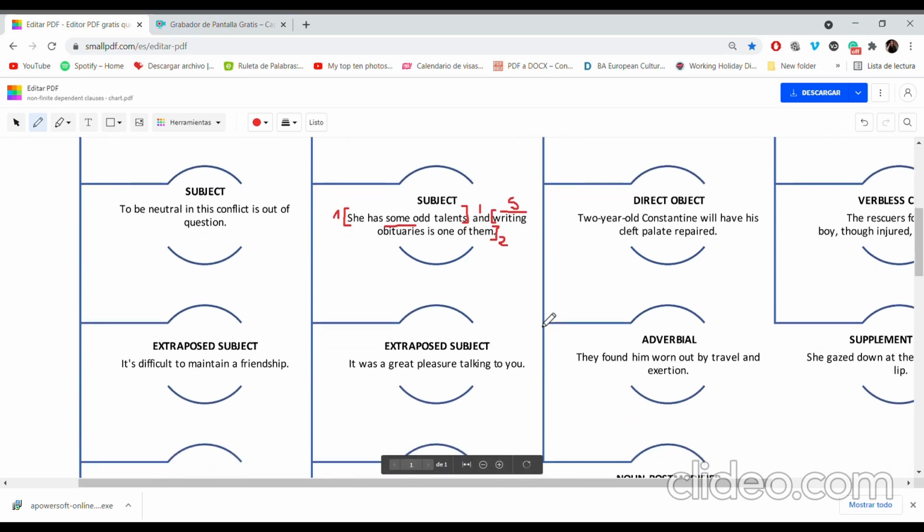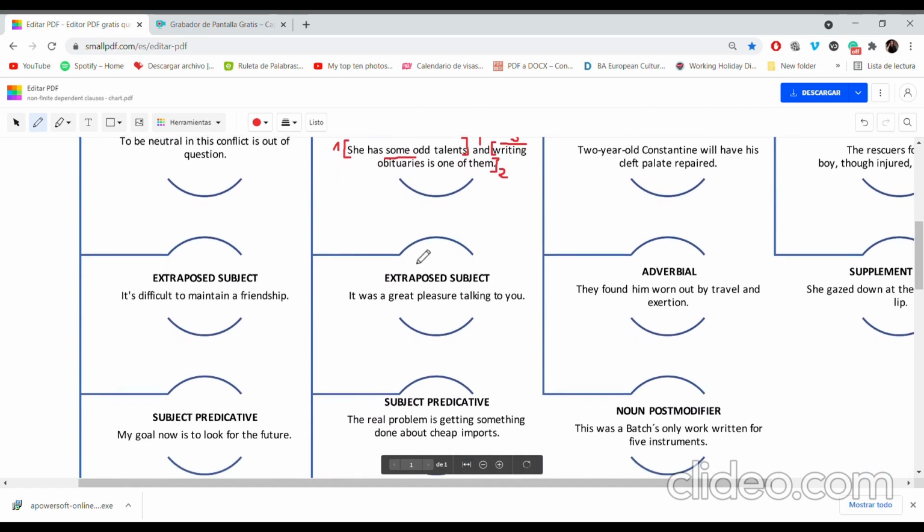The following category includes extraposed subject as a syntactic role, right? As in the previous category in to-infinitive clauses, remember that we have an extraposed subject every time we have the dummy it being the subject of the whole clause, which can be replaced by the form in the dependent clause.